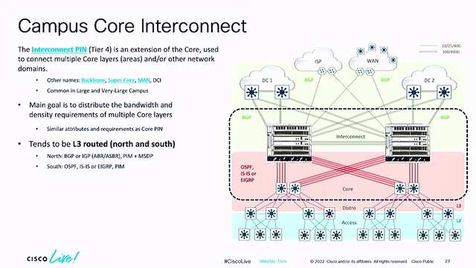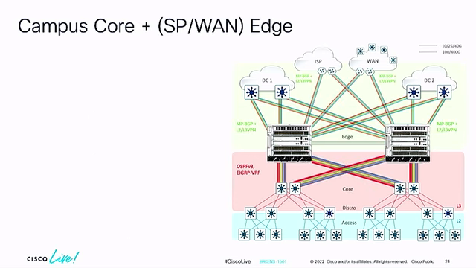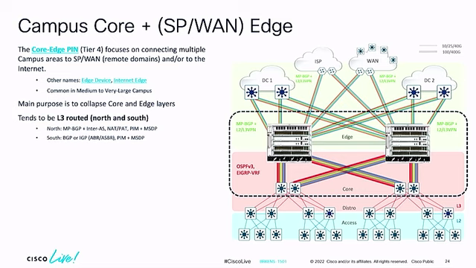It could even be something like a WAN edge, where I'm now connecting with a lot of VRFs, a lot of more service provider-based type technologies directly into the WAN or into a WAN provider. So I'm usually going to see a lot of BGP or other types of outside-the-campus protocols here.